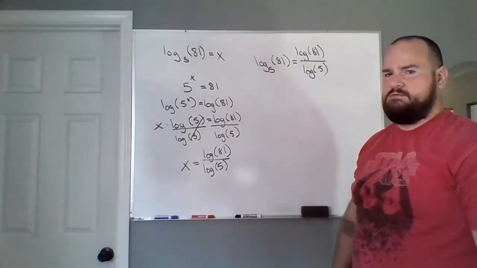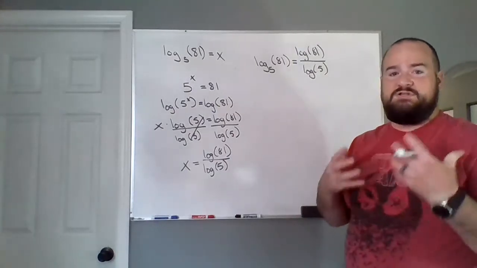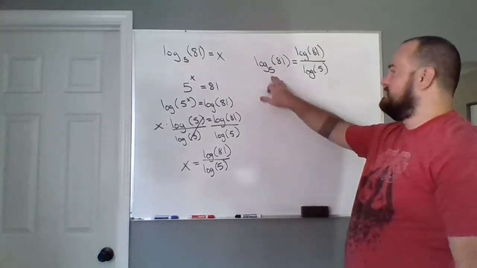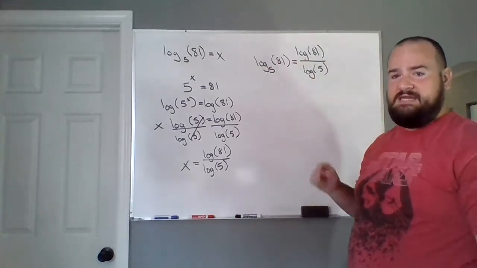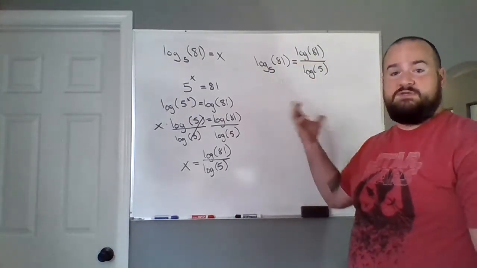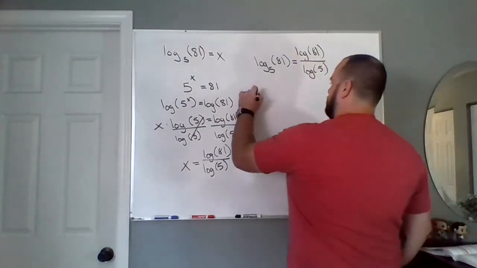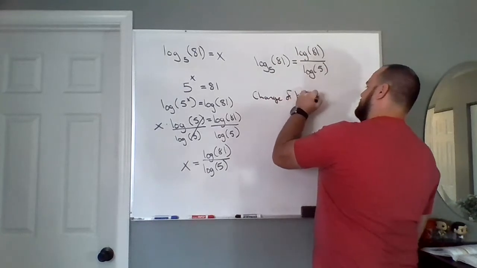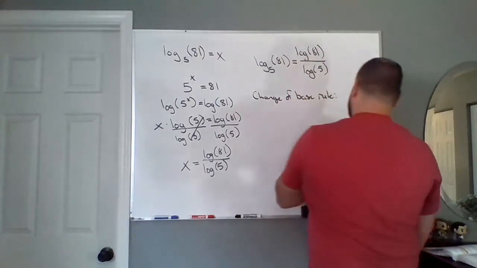That's really cool. And what I can actually do is build a general rule that allows us to change the base. So notice we had base 5. Now these are base 10. I can change the base of a logarithm using this formula. So the change of base rule.